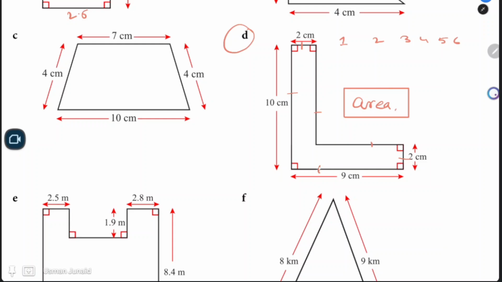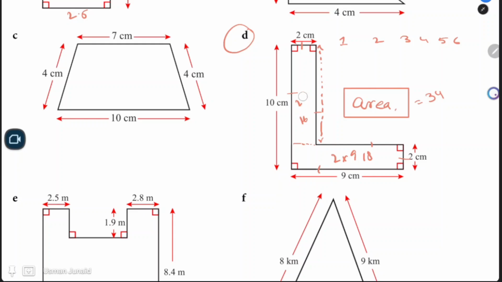So let's say you divide it by here and you get 2 by 9, which is 18. And you have 2 by 8 because we will take from here to here. So 2 by 8, which is 16. So the area is 16 plus 18, which gives you 34.